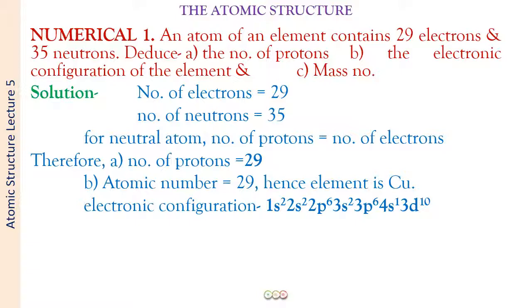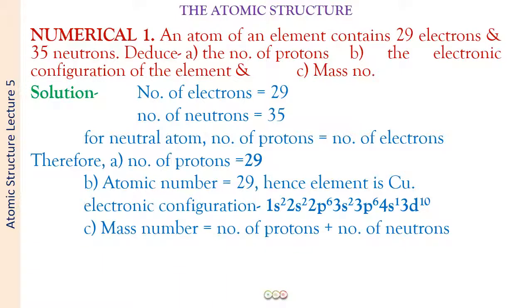Do not worry, you do not know till now how to write the electronic configuration, but you will be able to. And then we have the mass number, which is the number of protons plus the number of neutrons. So this is going to be 29 plus 35, that is 64. I hope at least you can calculate the number of protons and the mass number from this question.